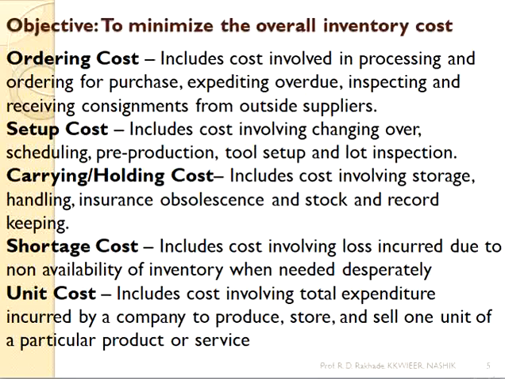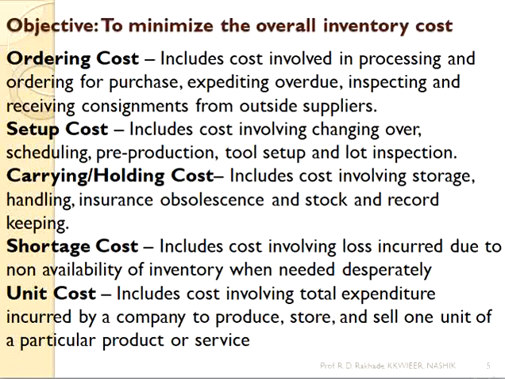So the next is overall inventory cost. Obviously an organization wants to minimize this inventory cost. Basically there are only two parameters on which overall inventory cost depends, that is quantity and time.